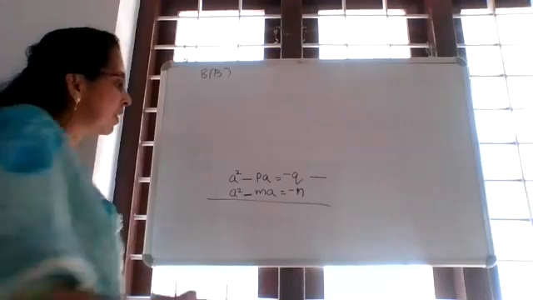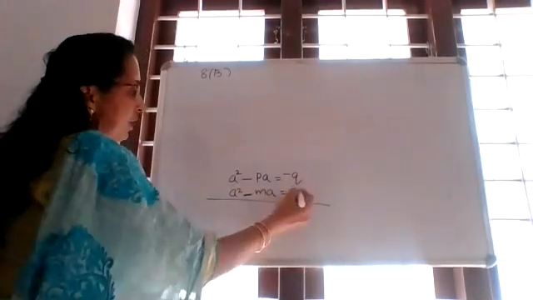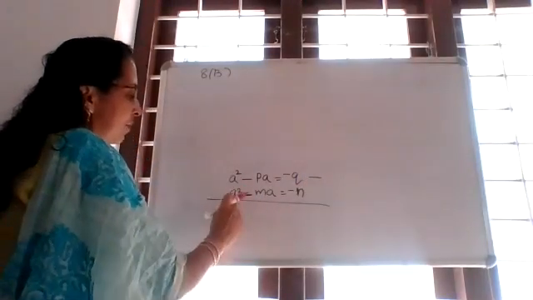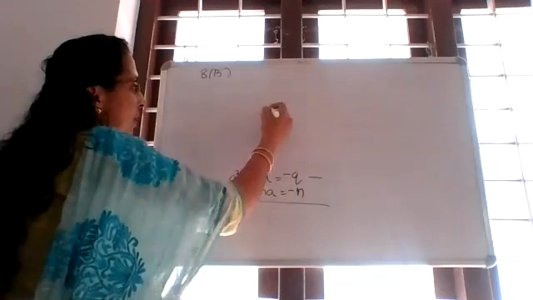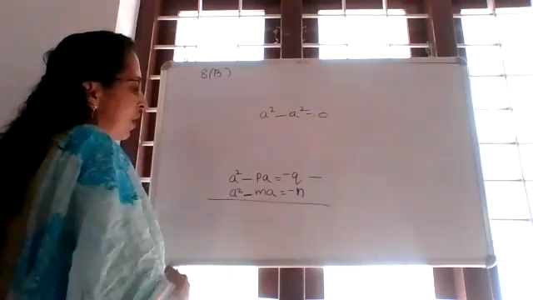Simultaneous equations, how can we do this? By elimination. A square minus a square is 0.